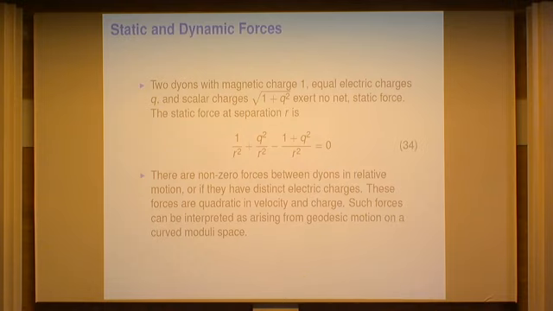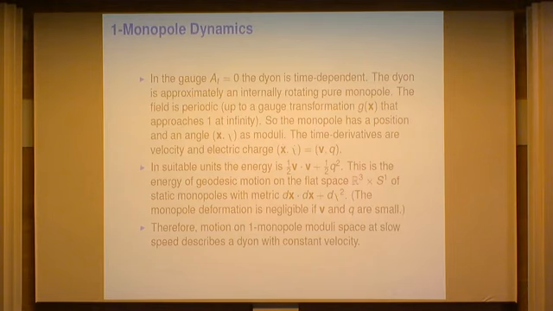So there's going to be a moduli space of n monopoles, or two monopoles in the simpler case, and the geodesics on that moduli space will be interpreted as dion motion. And I will say more about that later. So simplest is one monopole dynamics.